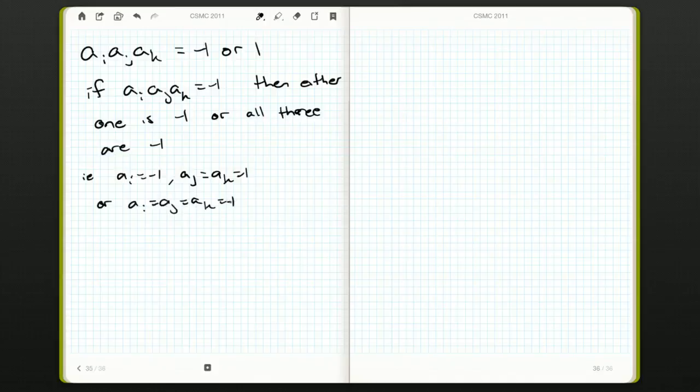So to get a product of negative 1, either we have AI is negative 1 and AJ, AK are 1, or we can have AI, AJ, AK all equal to negative 1.